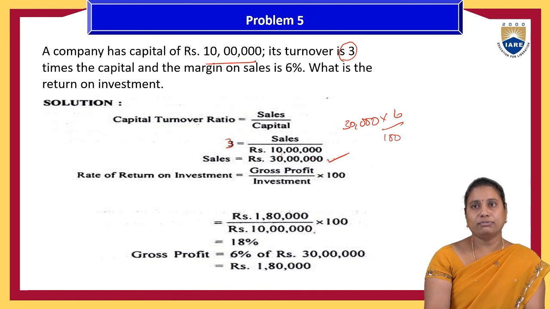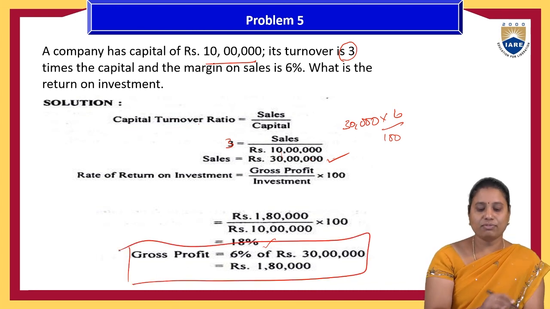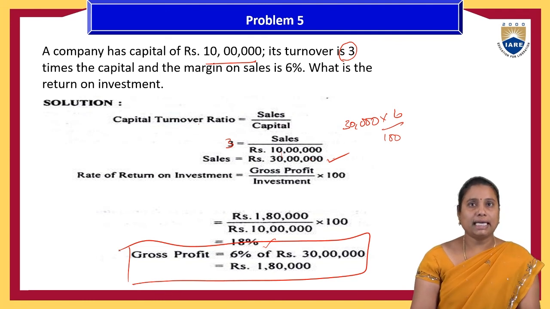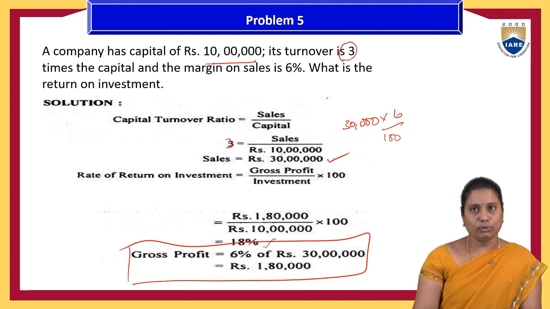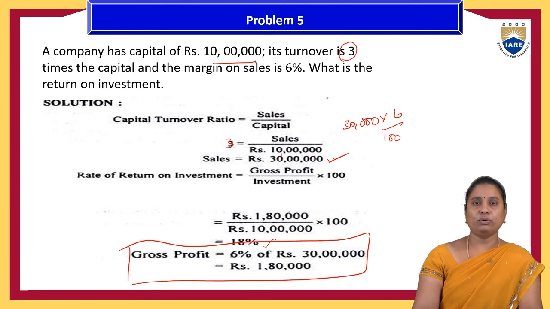Divided by 10 lakhs of capital investment into 100, that is 18%. So like this, we can calculate the return on investment. First we came to know the sales, from that we came to know the gross profit, and we have calculated the return on investment.